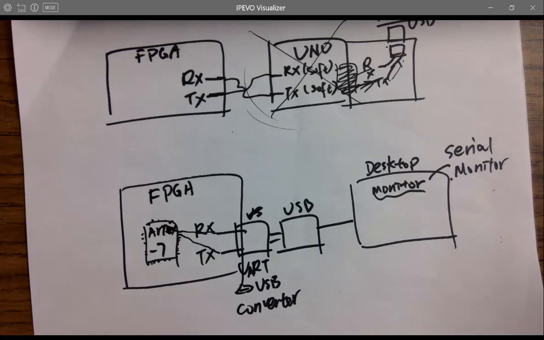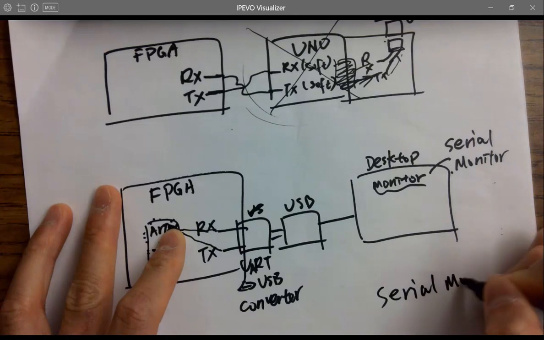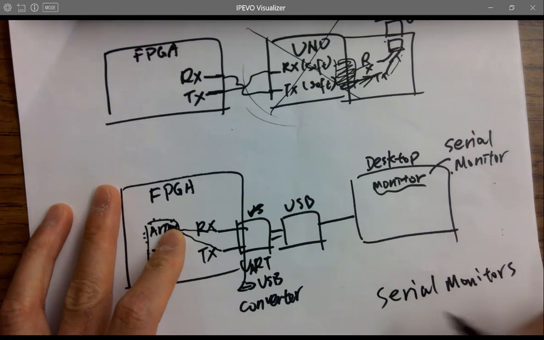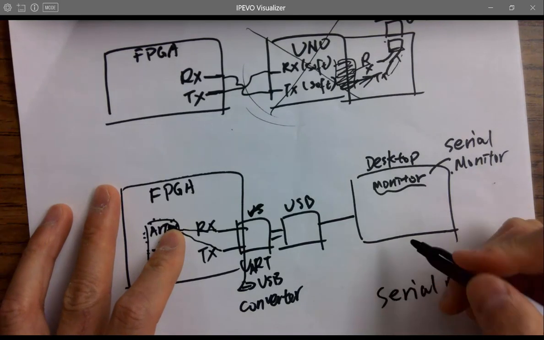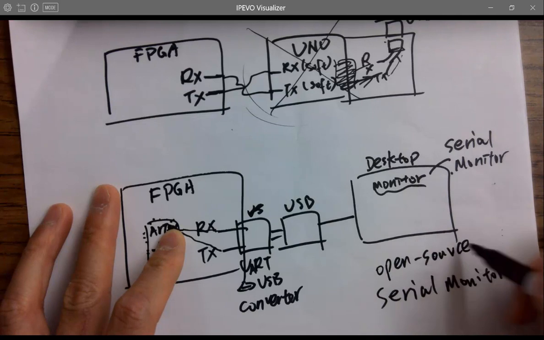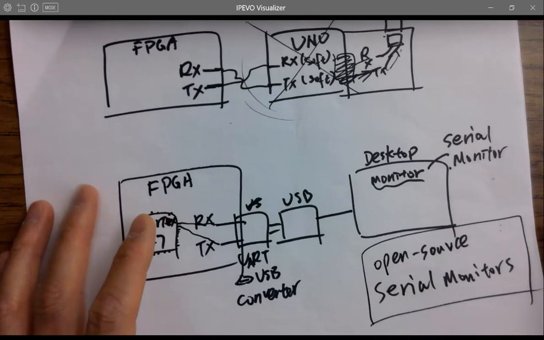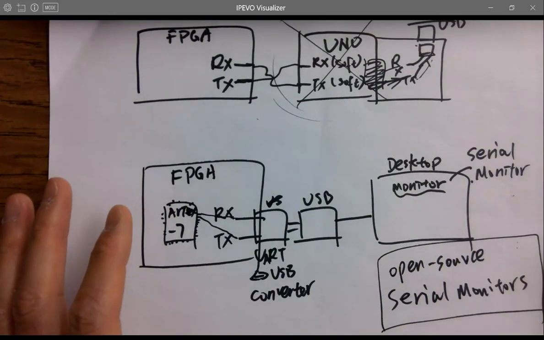There are also other serial monitors available. They are usually open source. There are many of them. I've used a couple of them. They are similar, but there are more functions embedded into the tools.